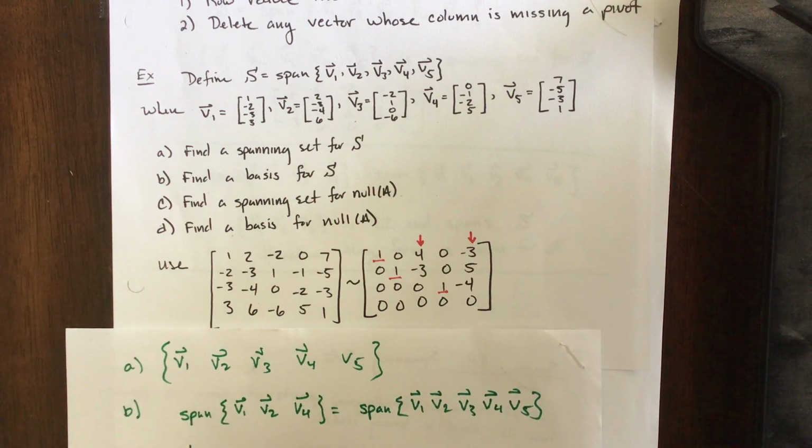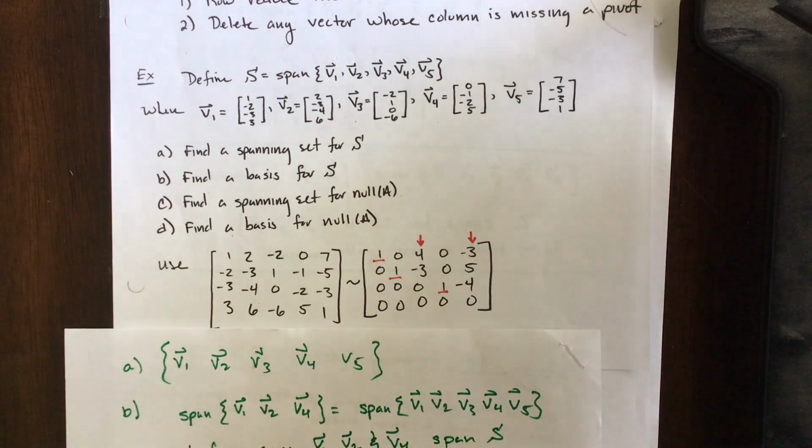Therefore, since v1, v2, and v4 span S and are linearly independent, they form a basis for S.